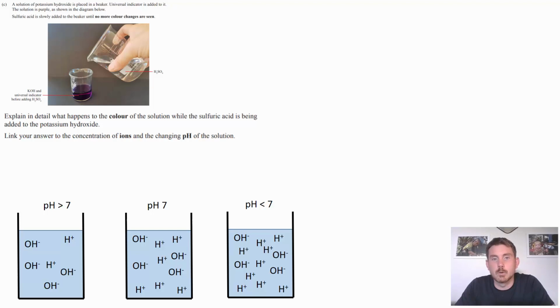So you'd have far more hydrogen ions than you would hydroxide ions in the solution. And that means that the pH is now less than 7, and the ratio of hydrogen ions to hydroxide ions would continue to increase as you went down through your yellows or oranges, all towards your pink and your red.